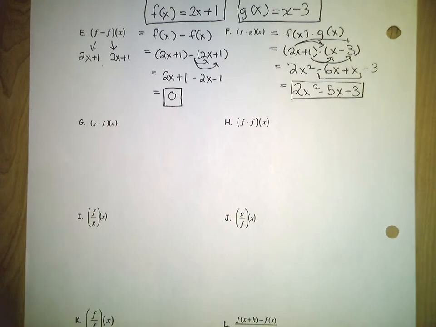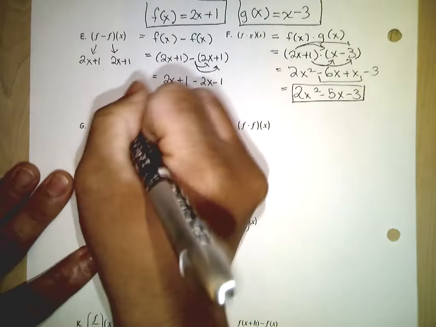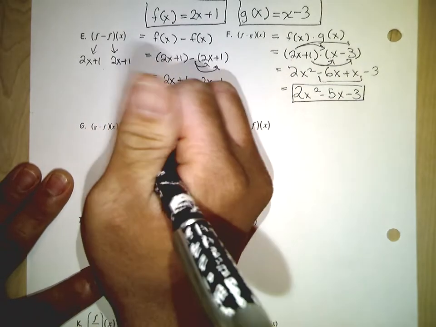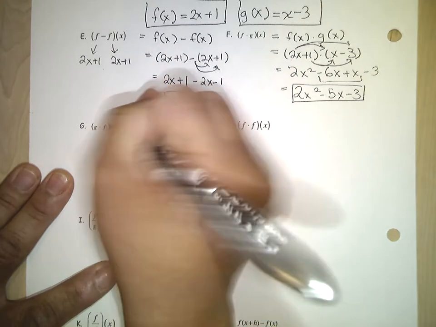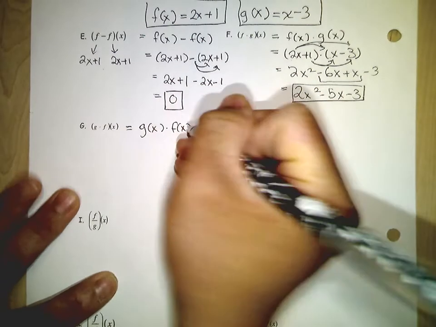All right. Now, for g times f of x. This is just multiplying the functions in a different order. So g of x times f of x.